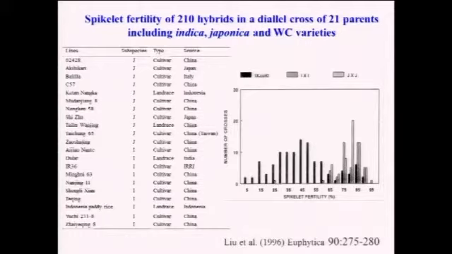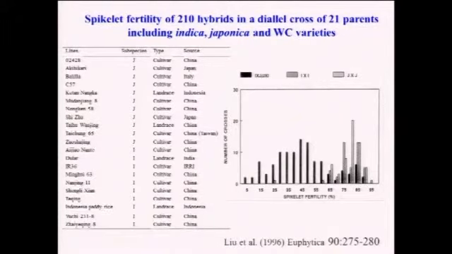And this is what we see. We have indica by indica, of course, japonica by japonica, indica by japonica, or japonica by indica. We see as low as 0% fertility, seed setting. That's basically completely sterile.